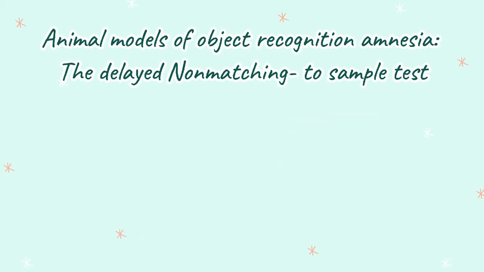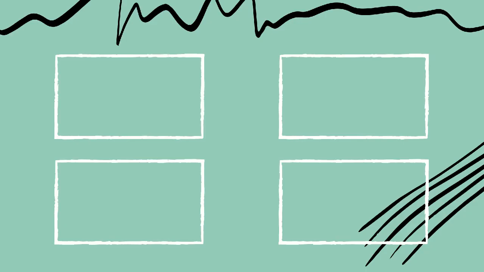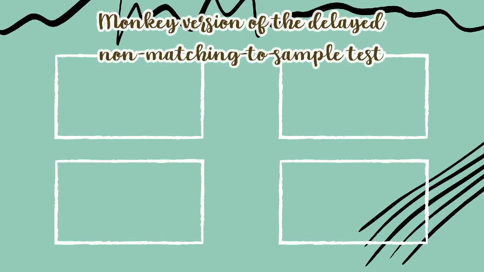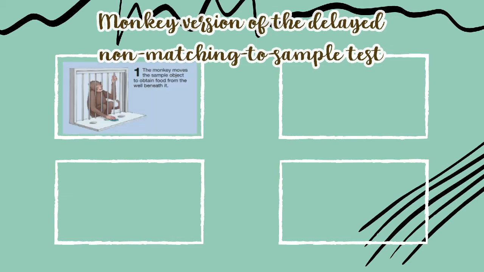So in separate laboratories, Gaffan and Mishkin and Delacour showed that monkeys with bilateral medial temporal lobectomies have major problems performing long-term memories for objects encountered in the delayed non-matching to sample test. In this test, a monkey is presented with a distinctive object, under which it finds food.